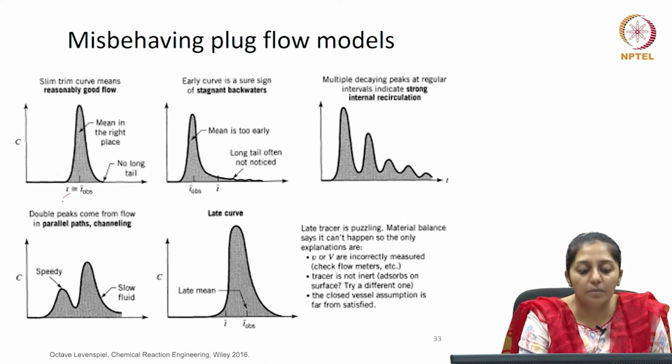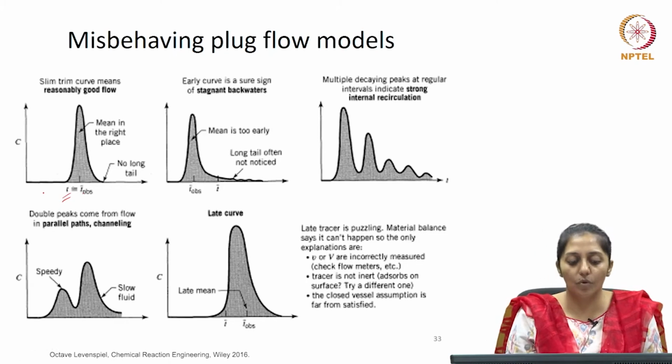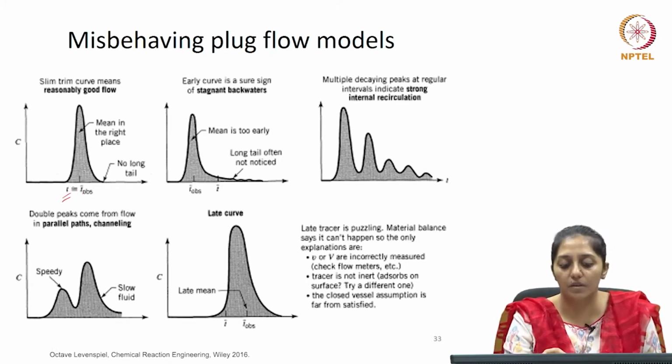So, this T bar is the mean residence time calculated from the C versus T data, T bar observed, and T bar would be your theoretical mean residence time. So, if both are nearly same and you see a sharp peak in a plug flow system, then it shows a reasonably good flow. So, no long tail if you see on the picture.